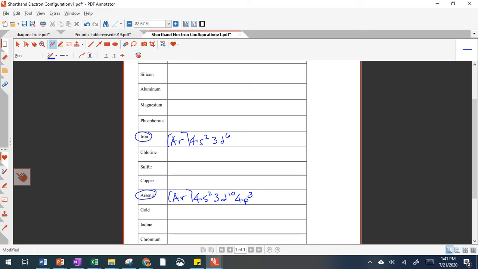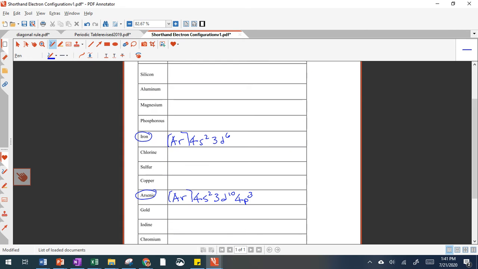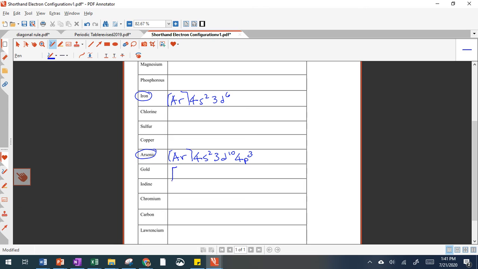Now the last one I want to do is an exception. So let's look at gold. Gold is on row 6. The previous noble gas for gold will be xenon. So let's write down, scroll down a little bit, this will be xenon.